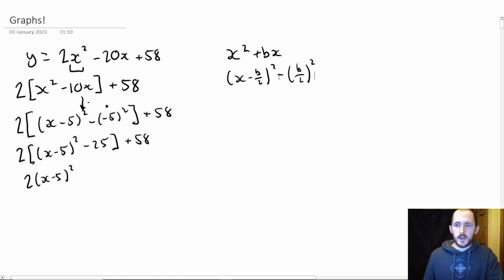So essentially, yes, but where that comes from is the actual completing the square method, which is this bit here. So we have x minus b over 2, and then minus b over 2 again, squared. Does that make sense? I can give you an example if you'd like.